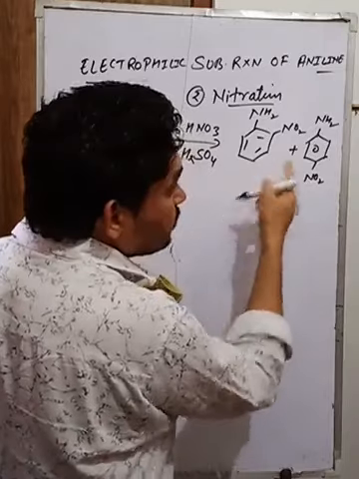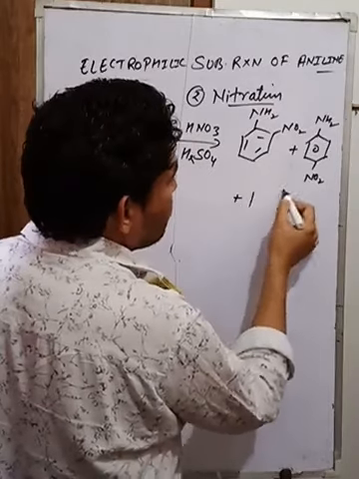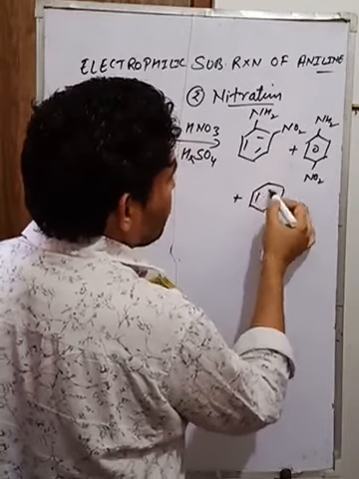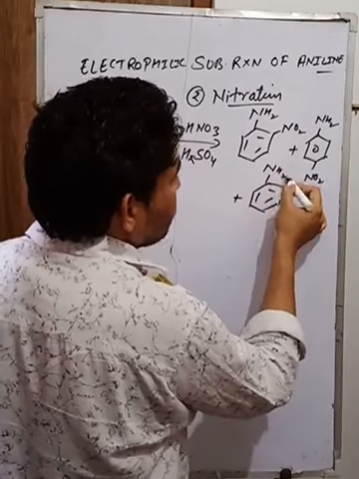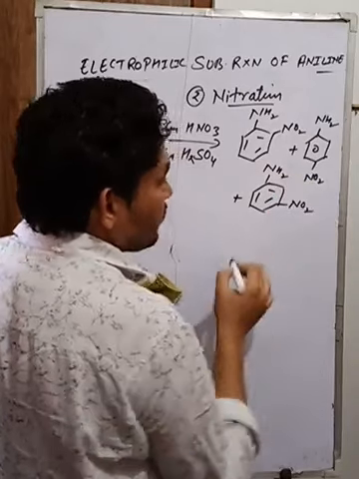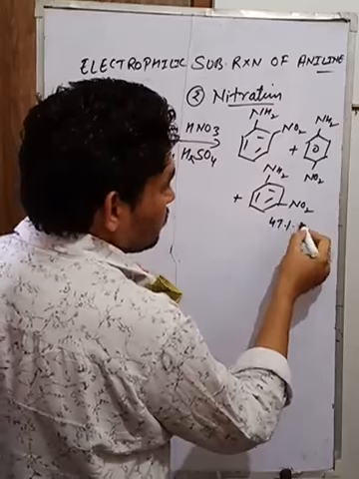In addition to these ortho and para products, we get the meta product also in very large amount, nearly about 47%.